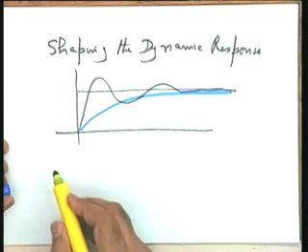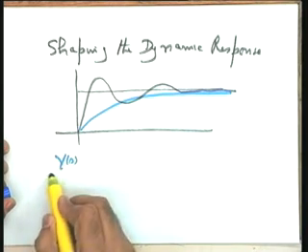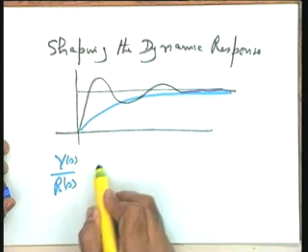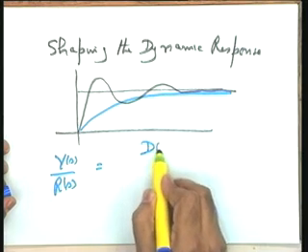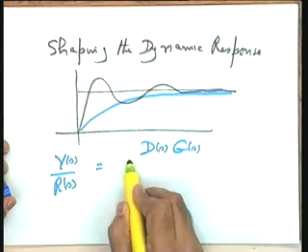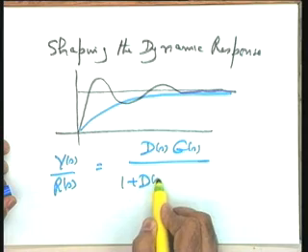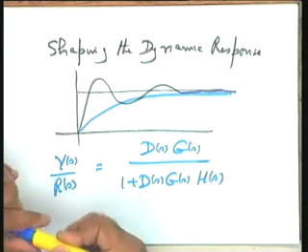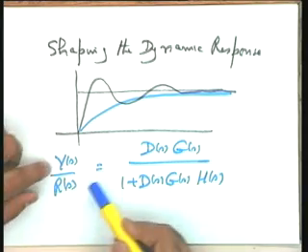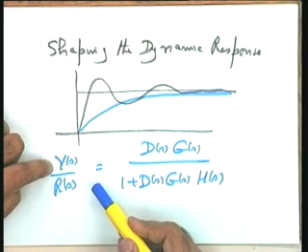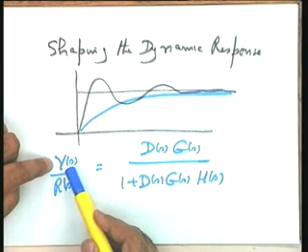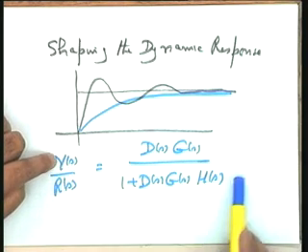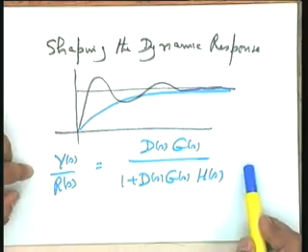Okay. Now you see that if I give you a function Ys over Rs is equal to DsGs over 1 plus DsGsHs, please recall, how do you shape the dynamic response? You will remember, I am sure, that the dynamic output y is a function of the system poles.